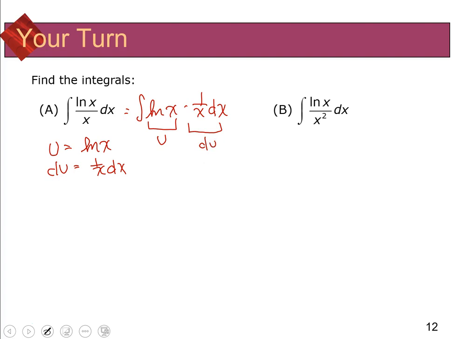That's enough for me to do the substitution. So this substitution would become the integral of u du. So finish the integral and give me the solution. What would be the solution after I integrate this properly and then substitute back in to make this back in terms of x? What would be the final answer?